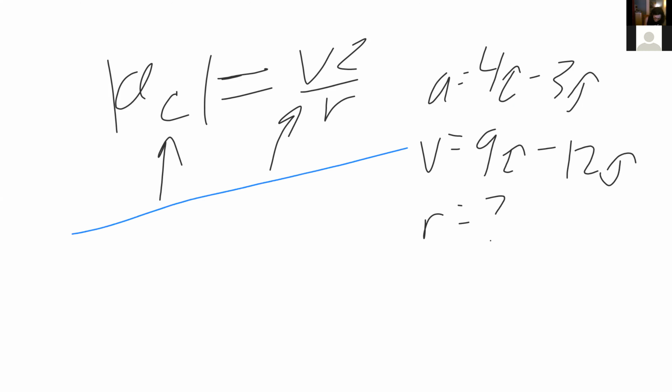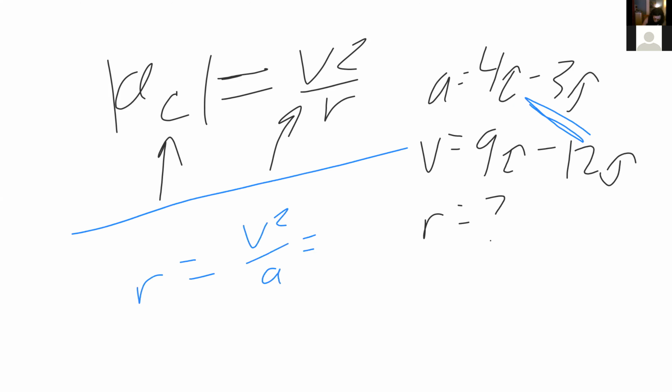So if I wanted to solve for the radius here, I need to make sure that I relate the cross velocity and accelerations. So you'll notice that you get the same answer either way here. But in both cases, you'd use that the radius is equal to v squared over the acceleration.